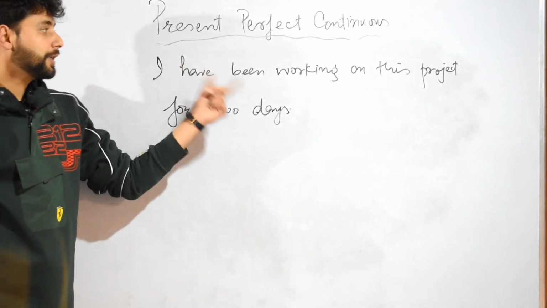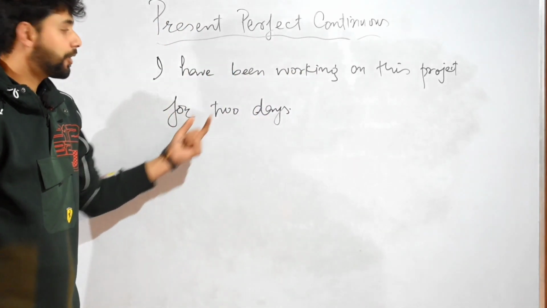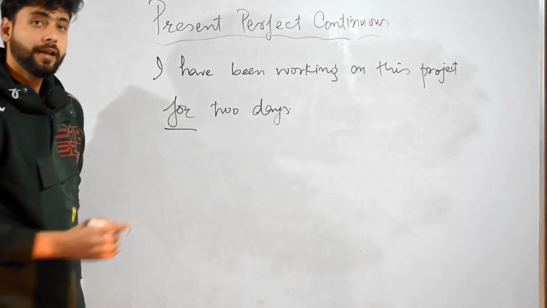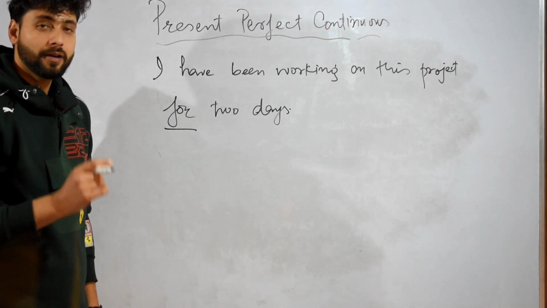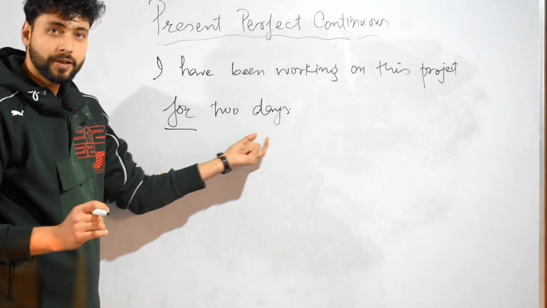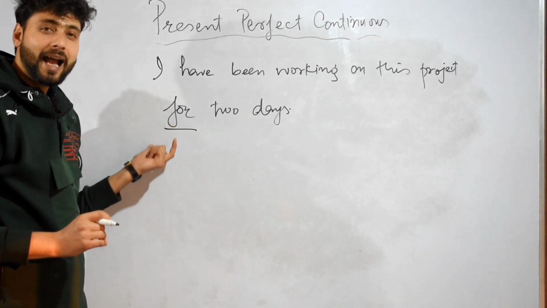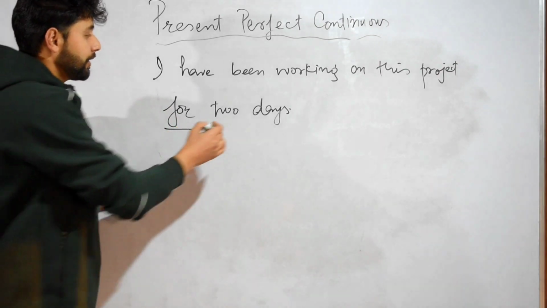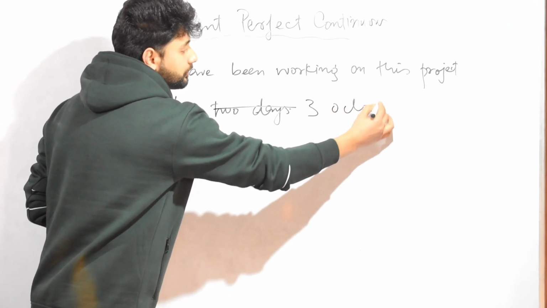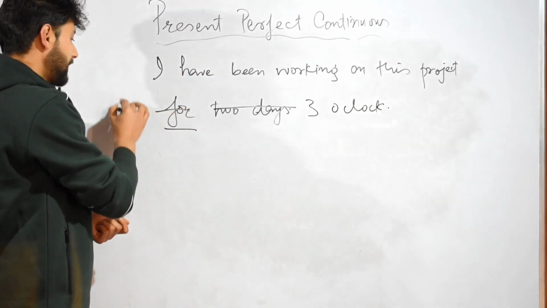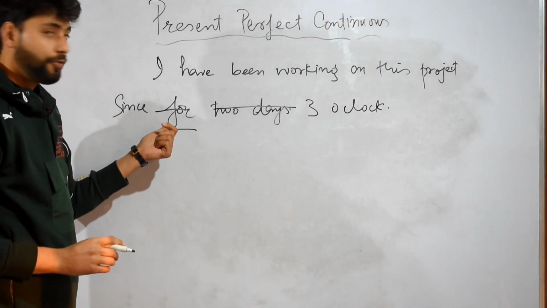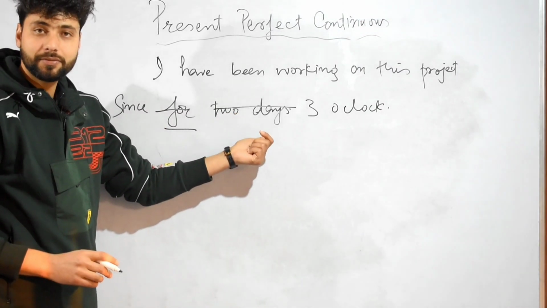I have been working on this project for 2 days. For is the period of time. I said it a while ago, when it comes to days, we use for. Had it been 3 o'clock, I would have used since here. But it is for, because I'm using 2 days.